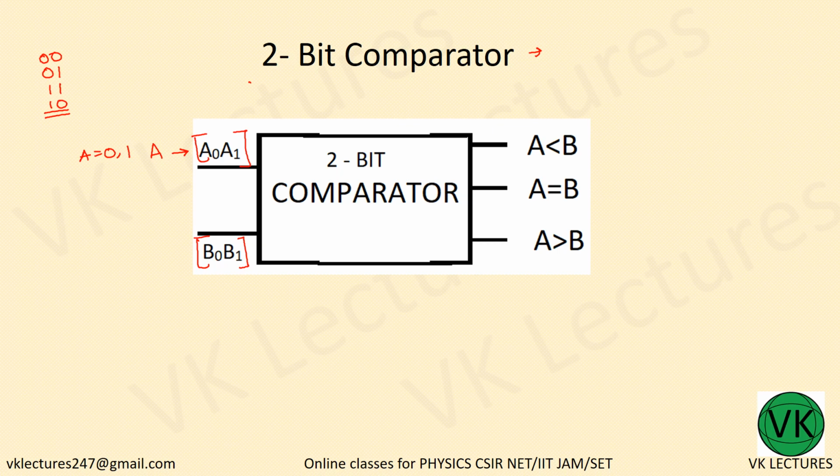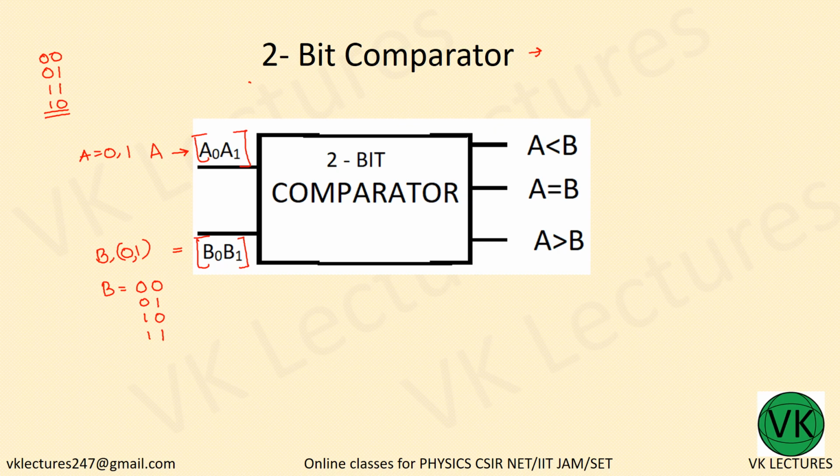Similarly for b, in the beginning we had only 0 1 for a 1-bit comparator, but now b is made of b1 b0, so it will have 4 combinations. So b is equal to 0 0, 0 1, 1 0 and 1 1, just like a. So that is the main difference. Here you will have 2 bits on the input side.